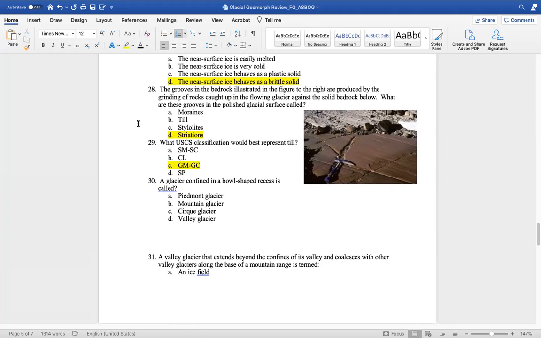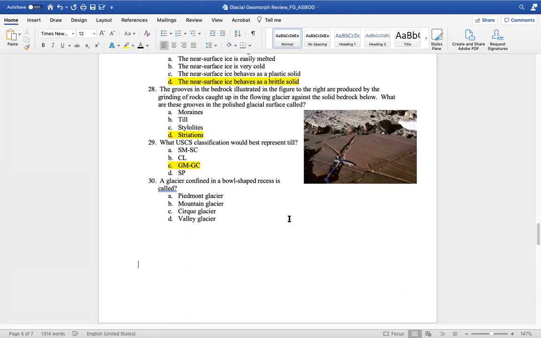All right. A glacier confined in a bowl-shaped recess is called what? We're seeing some overlap in some of the questions. We talked earlier about an amphitheater hollow, and this question is talking about a bowl-shaped recess.